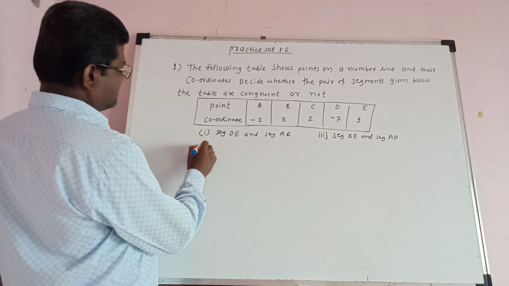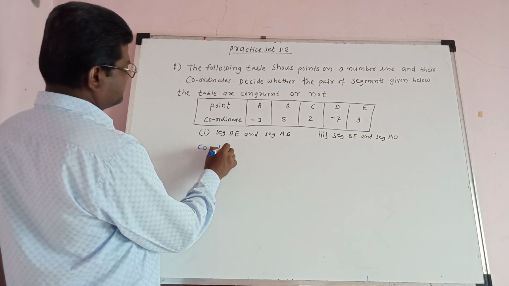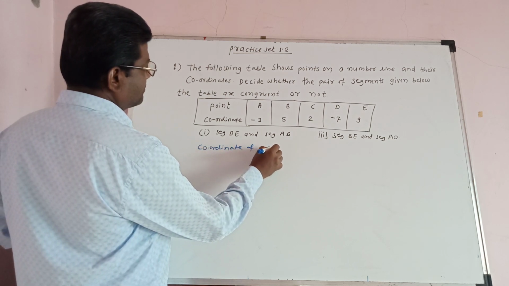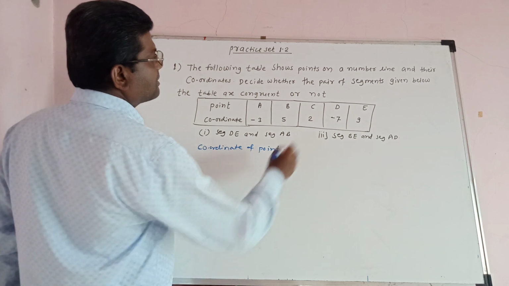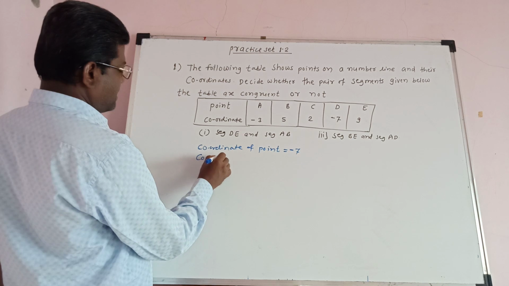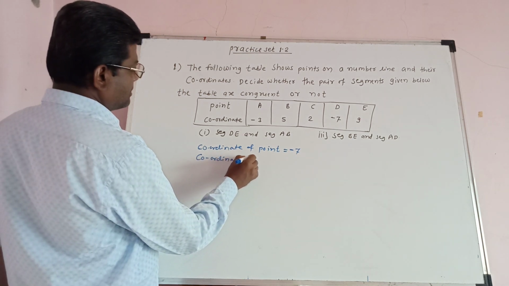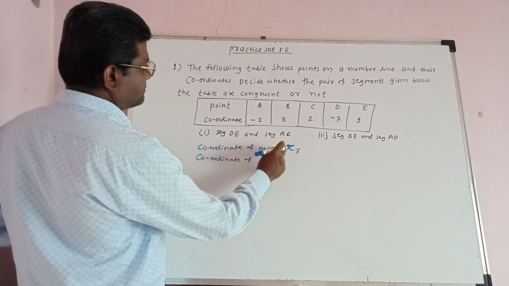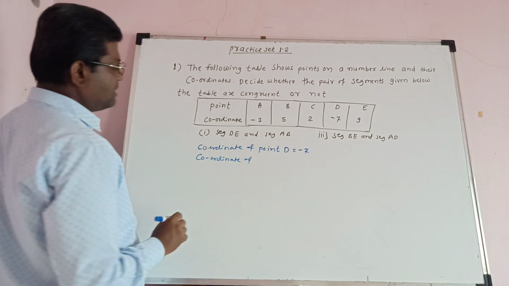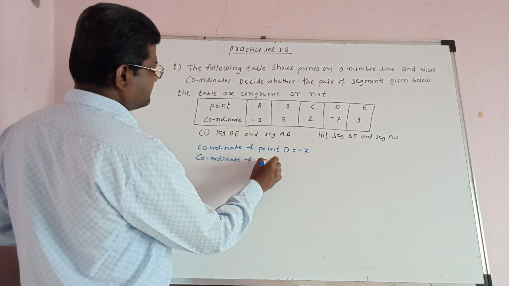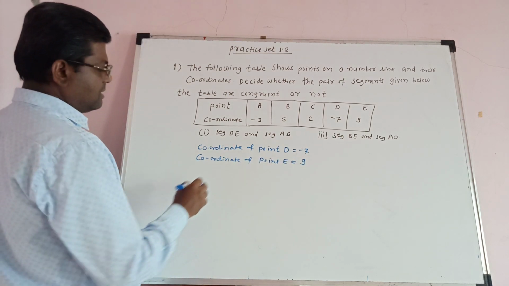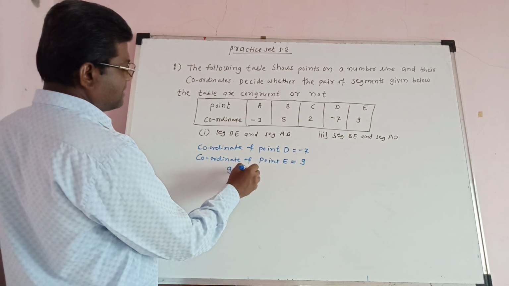So at first, the coordinate of point D is equal to -7, and the coordinate of point E is equal to 9. Now 9 is greater than -7.